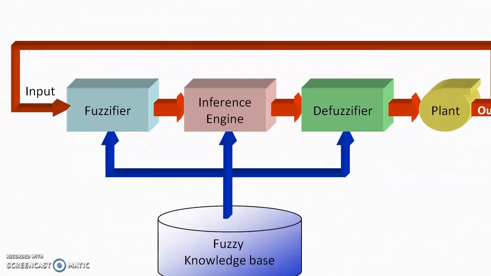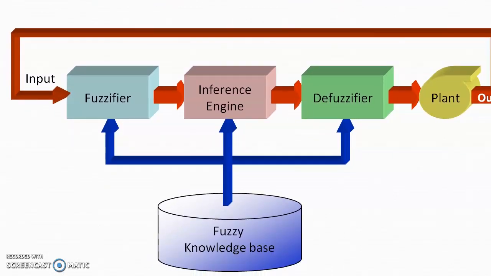Now, what about fuzzy control system? Fuzzy control system means if we are going to apply the fuzzy logic or fuzzy inference system in any control system loop, like in temperature control system, like in flow control system, like in pressure control systems.